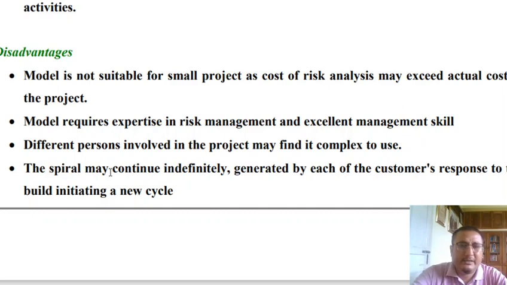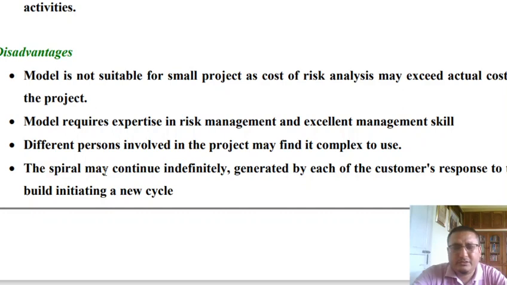Because there is an explicit phase for risk management, and since the number of phases is very large, we also need excellent project management skills. At times, people may find this model difficult to use because of the complex orientation of the various phases that it has. So these are a few important drawbacks of the spiral model.